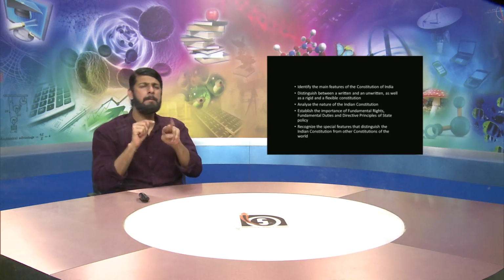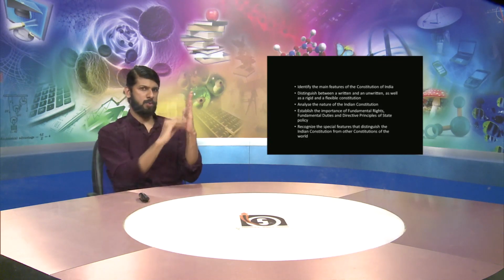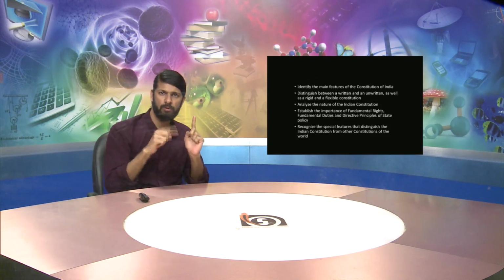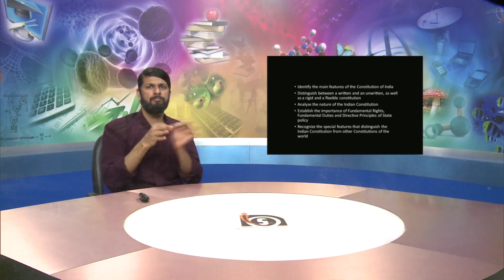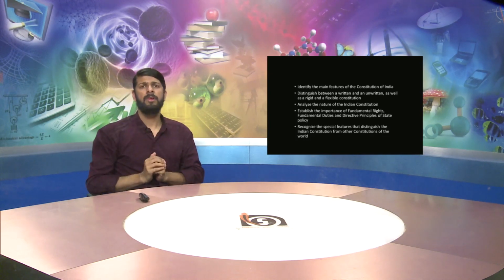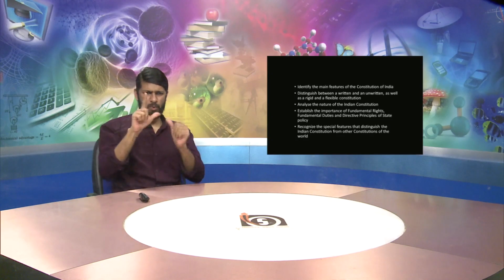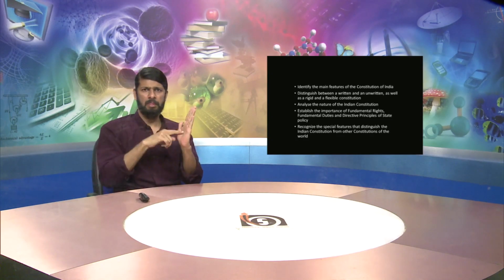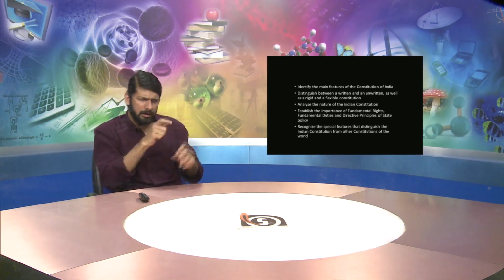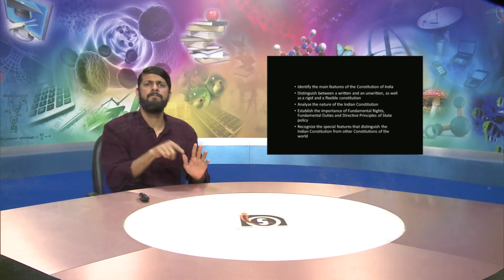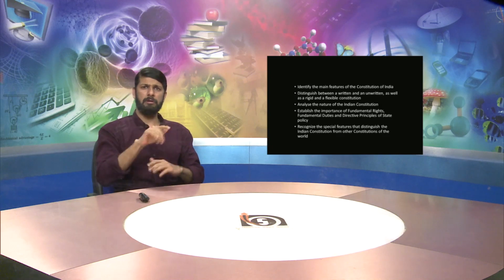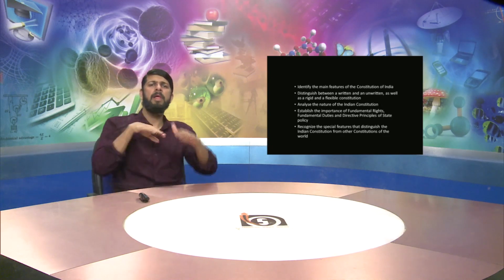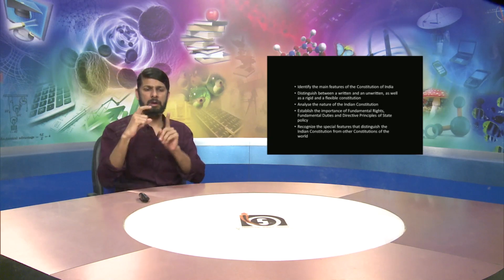The seventh point is we would be able to distinguish between a written and an unwritten, as well as a rigid and a flexible constitution. Also, analyze the nature of the Indian Constitution and to establish the importance of fundamental rights, fundamental duties, and directive principles of state policy.